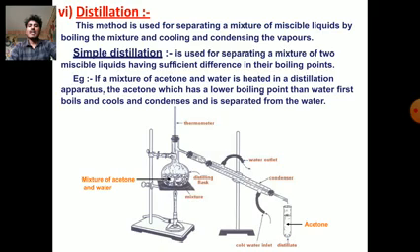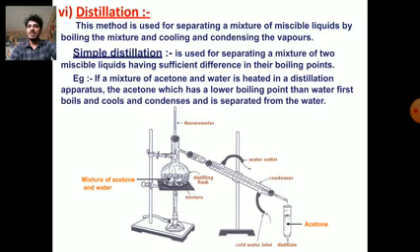Next one is the distillation method. This method is used for separating a mixture of miscible liquids by boiling the mixture and cooling and condensing the vapors. Simple distillation is used for separating a mixture of two miscible liquids having a sufficient difference in their boiling points.